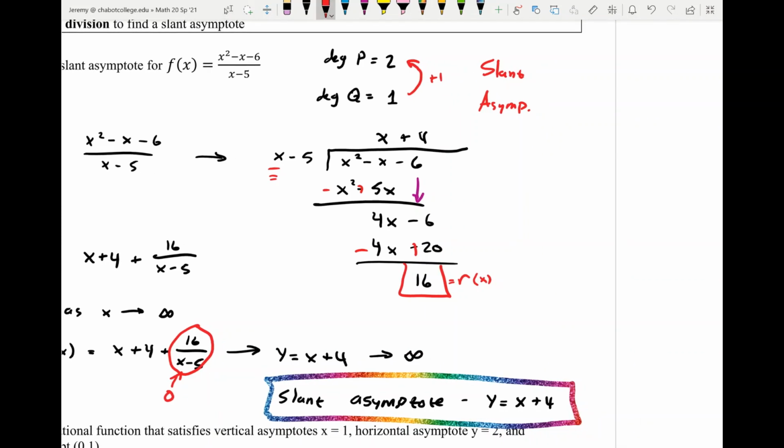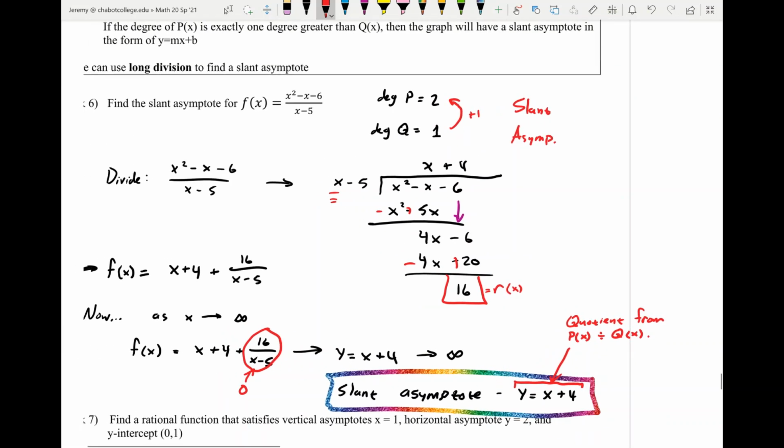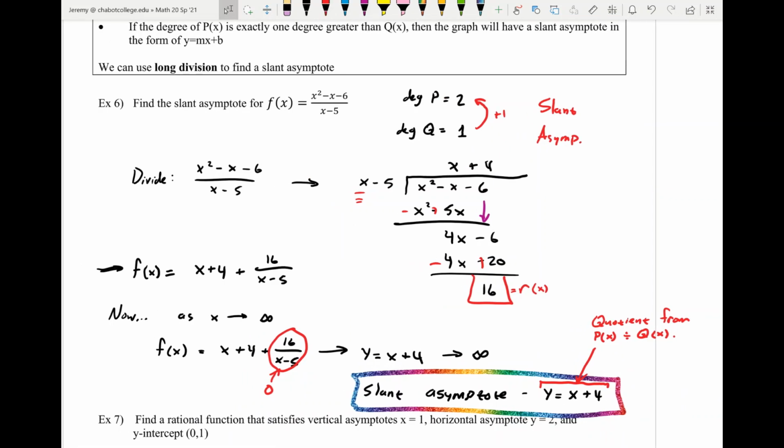And just to remember how to get this y equals x plus 4, it's basically just the quotient from the division problem, p of x divided by q of x. Okay, so that's how we're going to deal with this.